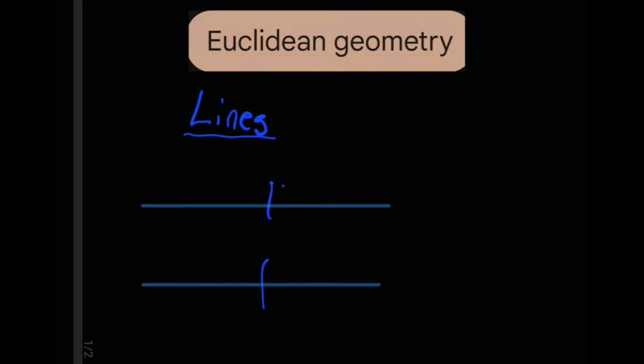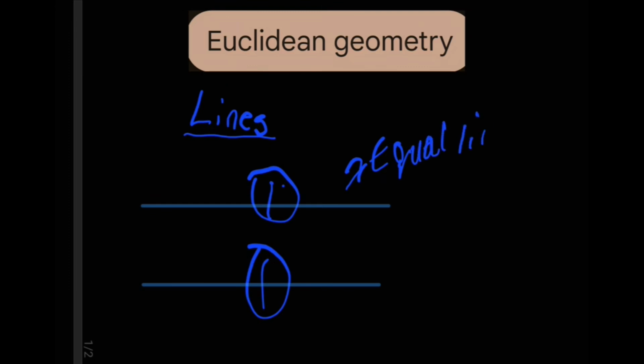So to recap, when you see lines that look something like this, these lines will be much straighter than I have drawn them. This suggests that these lines are equal. So we're talking about equal lines.